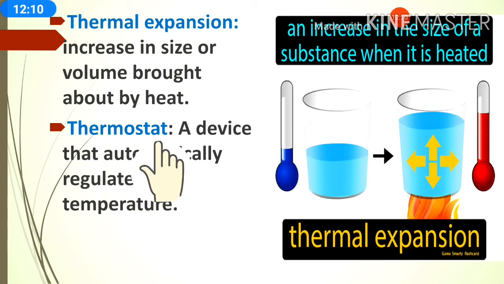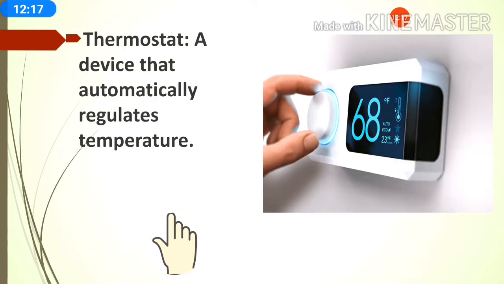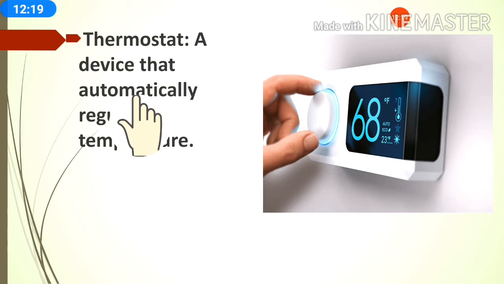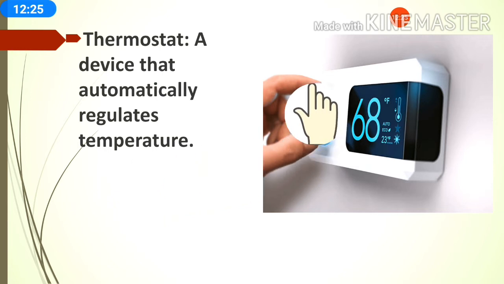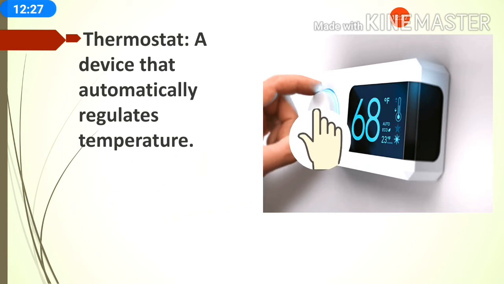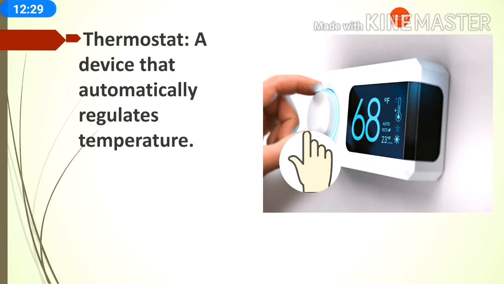A thermostat, a device that automatically regulates temperature. A thermostat is a device which regulates the temperature. If we want to make the temperature low, we can regulate it by this button, and if we want to raise the temperature, we can do that. As at our homes, we have a regulator of a fan, that is also like the working of a thermostat.